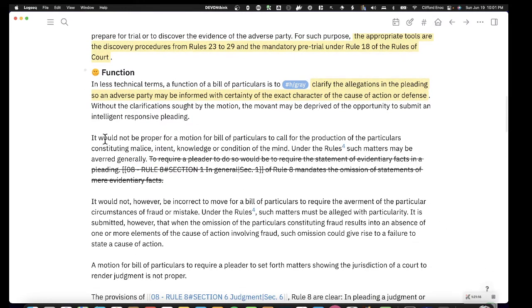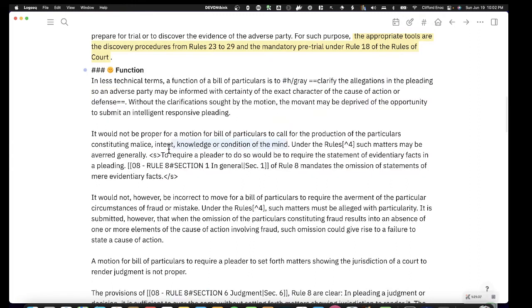And it would not be proper for a motion for bill of particulars to call for the production of particulars constituting malice, intent, knowledge or condition of mind.